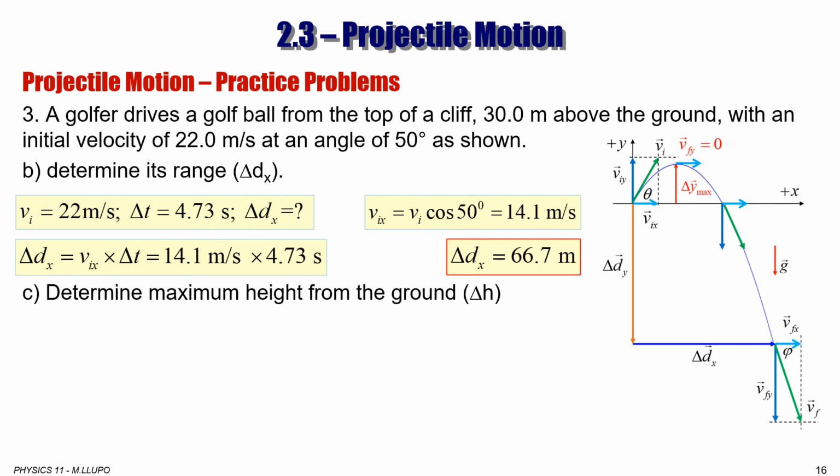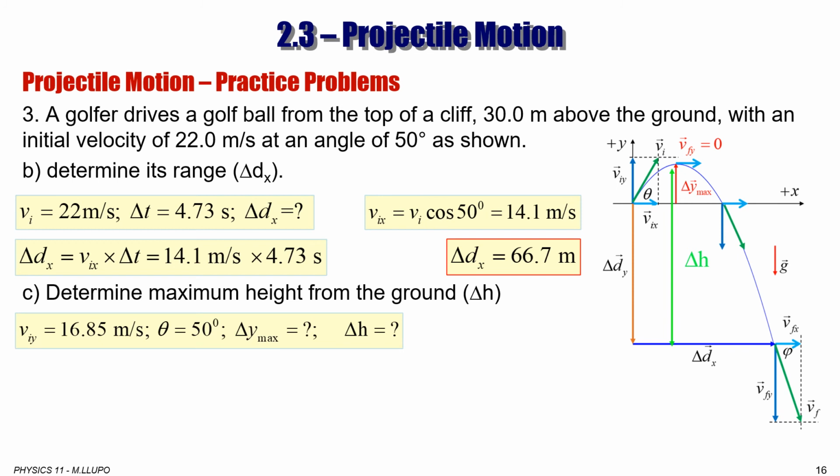Determine the maximum height from the ground, delta h. So delta h is delta y max plus delta dy. Let's start with what we have. We have V initial y, 16.85. The angle is 50.